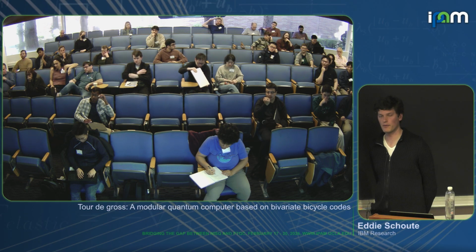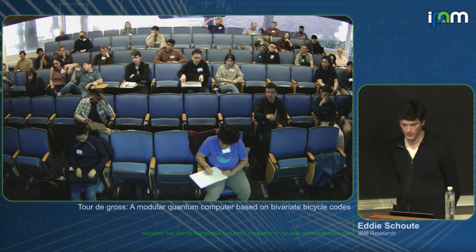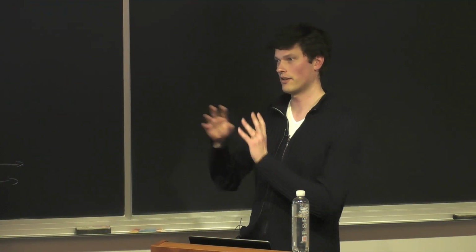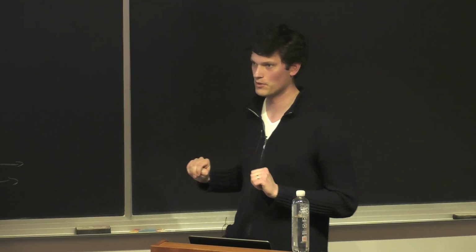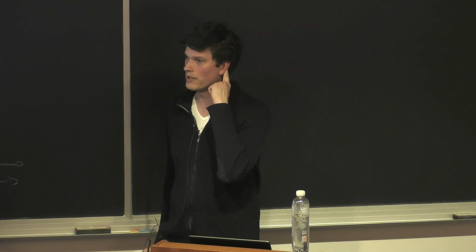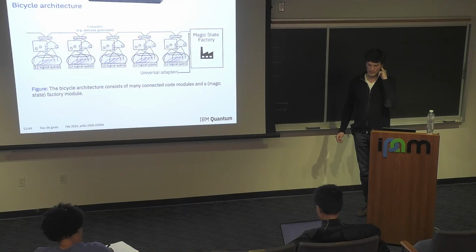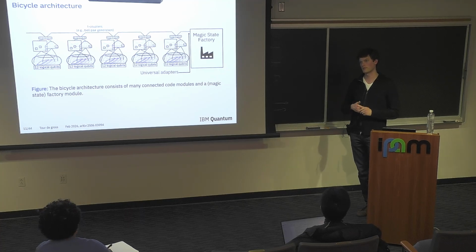I'm not too familiar with the exact assumptions, but it suffices to say on the left side here we have something like a gross code, and on the right side we have something like a surface code, and we're able to do a joint measurement between the two using this universal adapter construction. I have some qubit counts later, but in this particular case, the universal adapter is particularly simple because the surface code is really easy to read the logical operators out of.